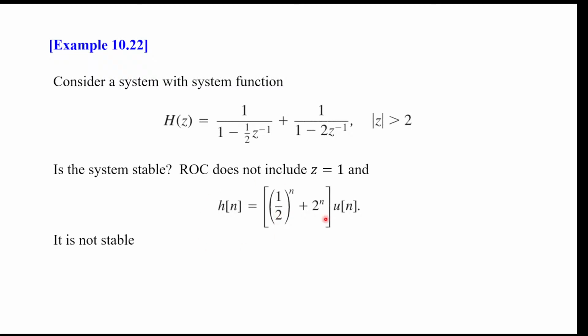We can also see it from the inverse transform. The impulse response has a term 2 to the n u[n], which is an exponentially growing function, so it's divergent, and this is not stable. You don't have a convergent Fourier transform because this is an exponentially growing function.